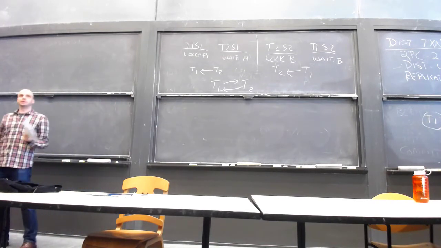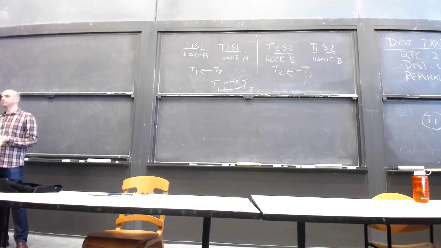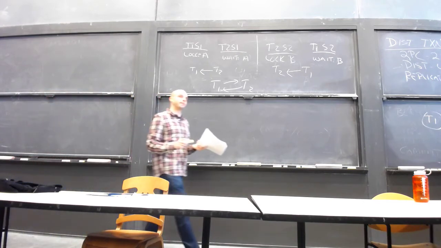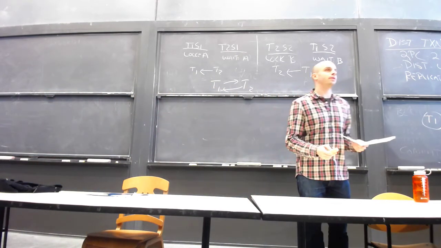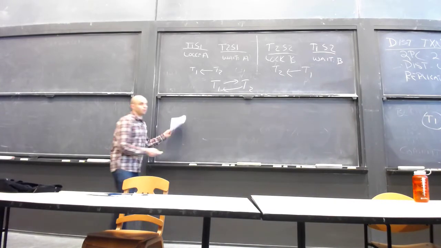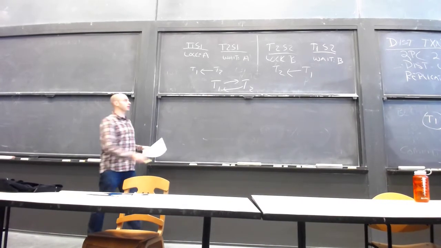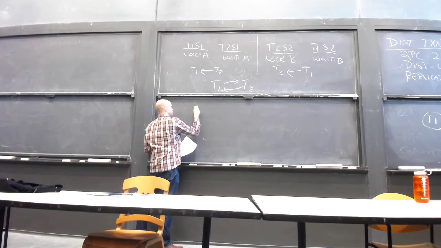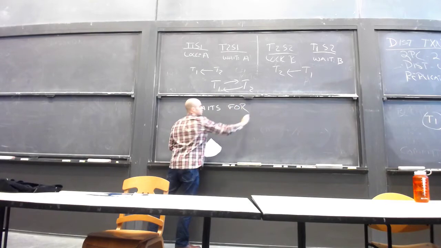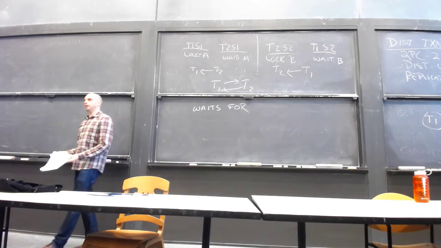So what's the solution? What can we do? Yeah, we can have some kind of coordinating process. So what we want here is to see what transactions are waiting for what.